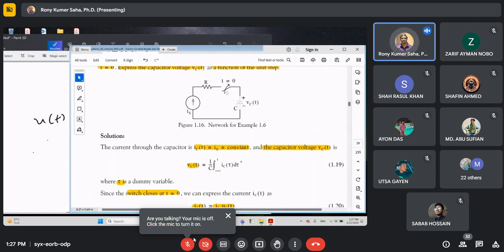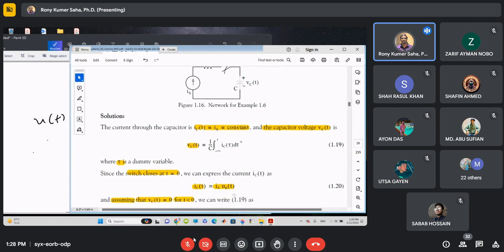And we have also closed the switch at t equal to zero, and then it remains constant as it is. The constant value is given by this IS. So you can easily represent this current in terms of IS, just this one multiplied by u of t.